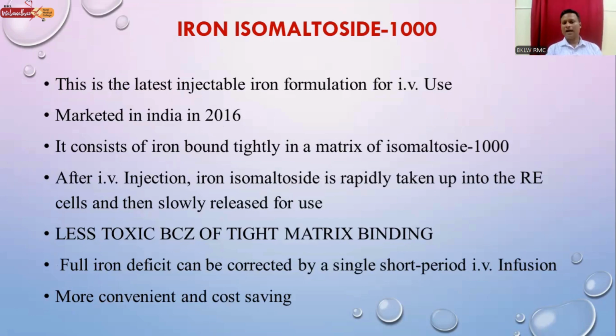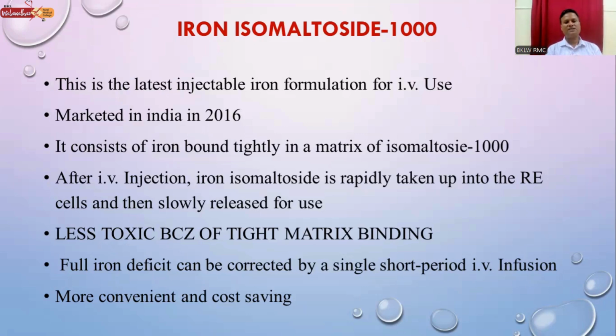It consists of iron bound tightly in a matrix of isomaltoside 1000. After IV injection, iron isomaltoside is rapidly taken up by reticuloendothelial cells, and then slowly released as per the iron requirement. That's why it is less toxic, because of the tight matrix binding.